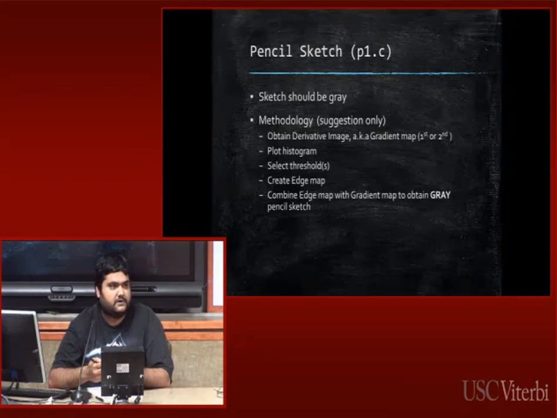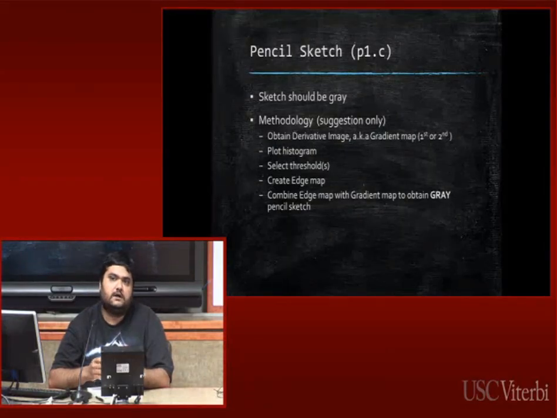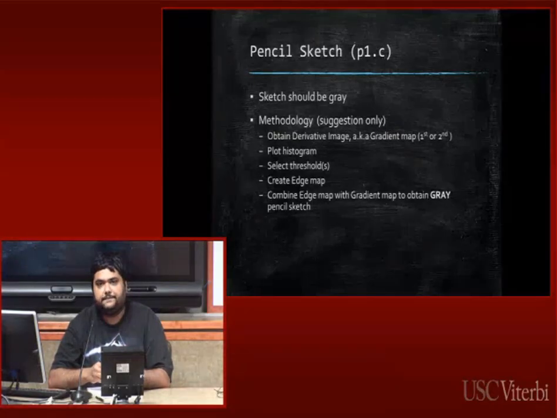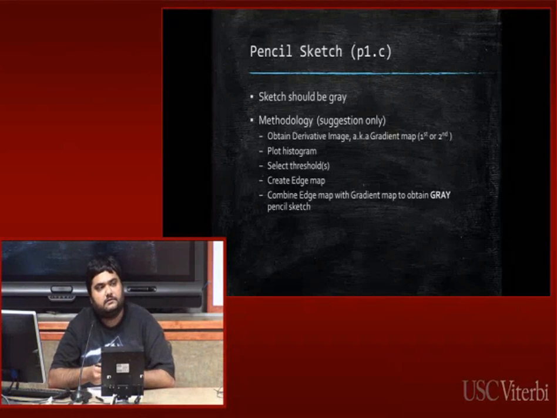They can be negative, they can be positive, and they'll be on a continuous real scale. So you'll have to discretize them. You can use a uniform discretization process to quantize the gradient values first, and then you can plot the histogram.